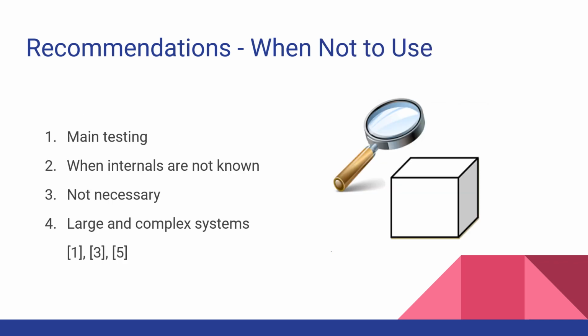We recommend not applying white box testing in these cases. First, main testing. Again, with the exception of unit testing, white box testing is not a starting point. It's used in addition to other testing. Second, when internals are not known. It's impossible to use white box testing when the source code is not available or visible to the tester.